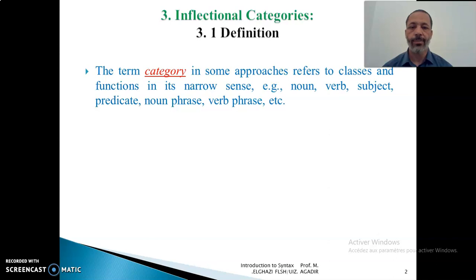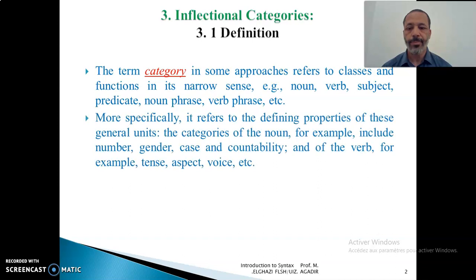Concerning the definition of the inflectional categories, the term category in some approaches refers to classes and functions in its narrow sense. For example, a noun is a category, okay? The verbs are a category, subjects, predicate, noun phrases, verb phrases, all these are called types of categories.